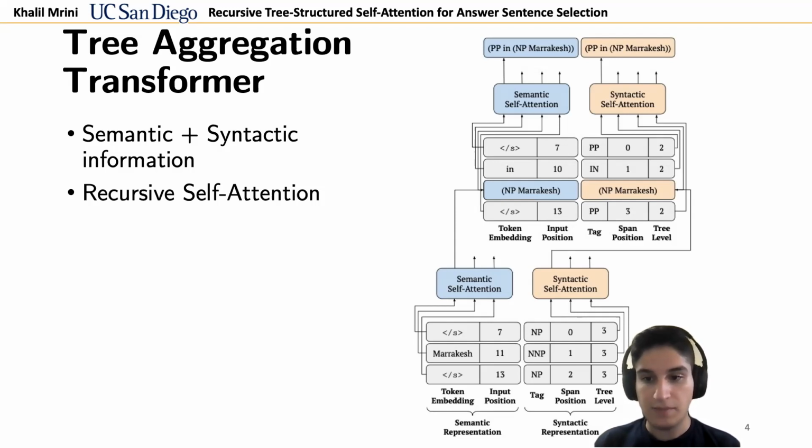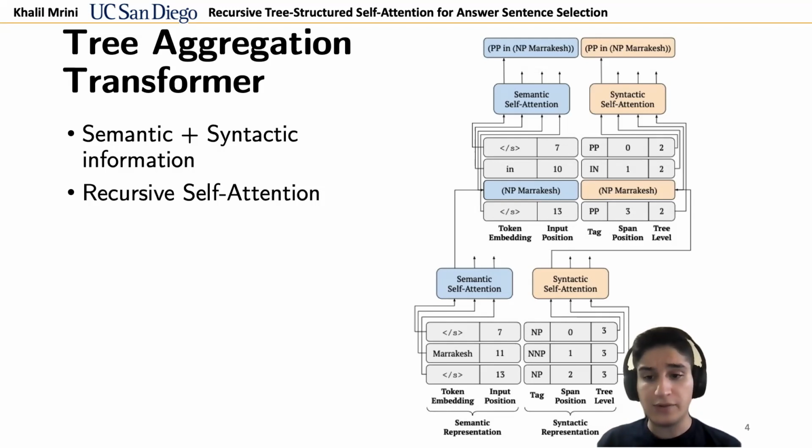The first embedding represents the token's tag. So it's a part of speech tag if the token is a word, or a syntactic category if the token is a classification or a separator token. The second embedding represents the token's level within the tree, inherited from the head of the token's constituent span.